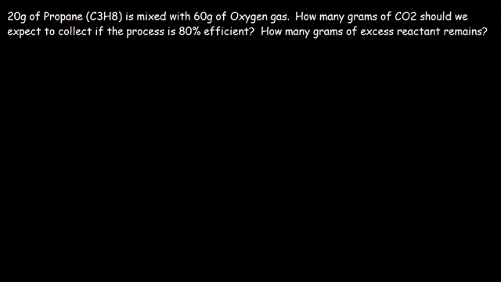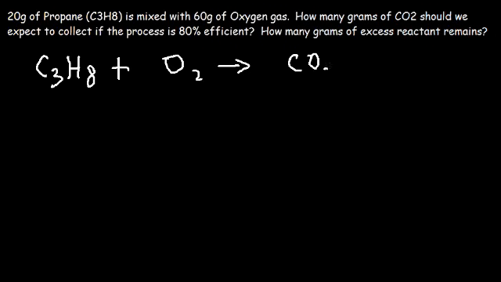So the first thing we need to do is write a balanced reaction. So we have propane, C3H8. It reacts with oxygen gas, and it's going to produce carbon dioxide. And since it's a combustion reaction, we know that water is going to be produced as well.